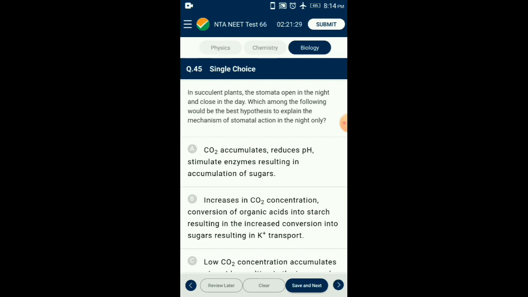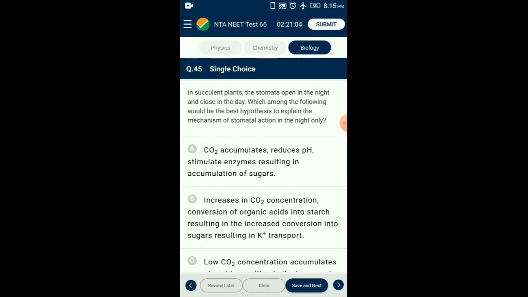At night, malic acid formed in guard cells dissociates into hydrogen and malate ions. Potassium ions exchange from subsidiary cells with hydrogen ions. Thus, due to accumulation of potassium ions, the osmotic pressure of guard cells increases, endosmosis occurs, and guard cells become turgid, due to which stomata open.